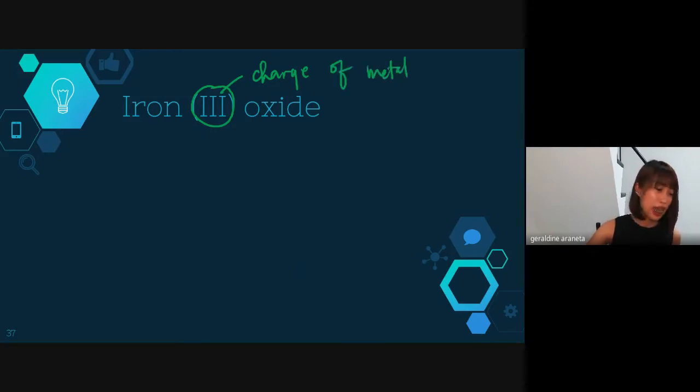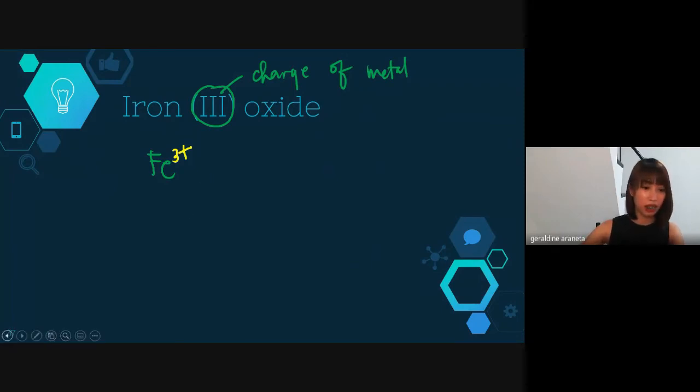And for this case, the metal here in this compound is iron. So we have Fe 3 positive. Ma'am, bakit positive? Kasi metals are usually cations. So that is Fe3 positive.